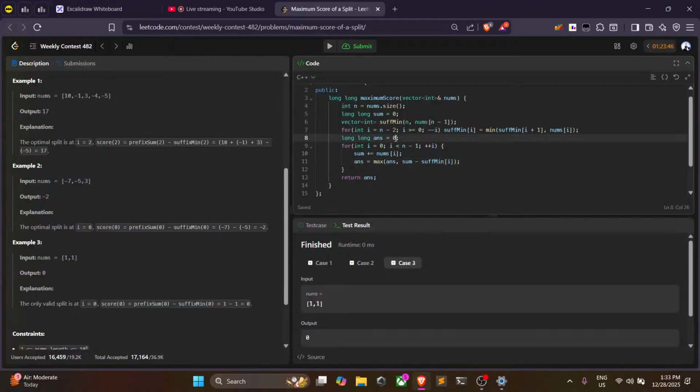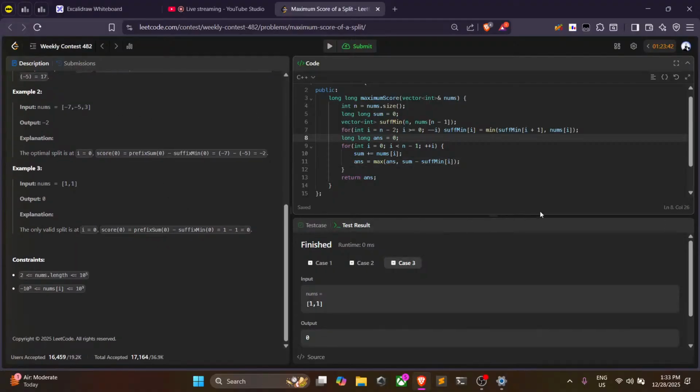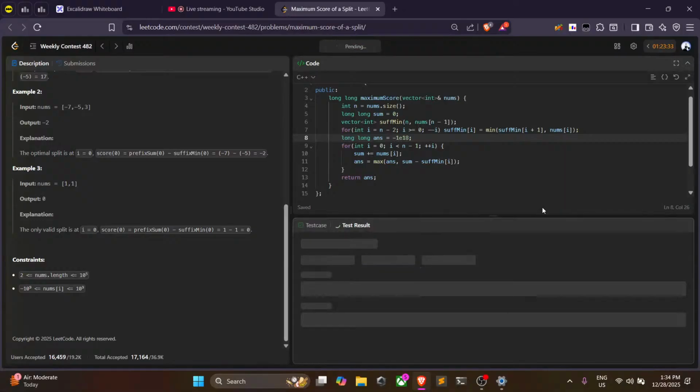Okay, the answer can be negative also. So basically I should choose long long and handle the minus terms.